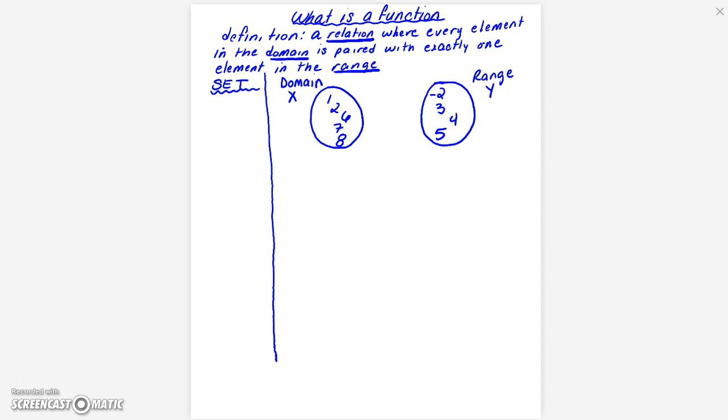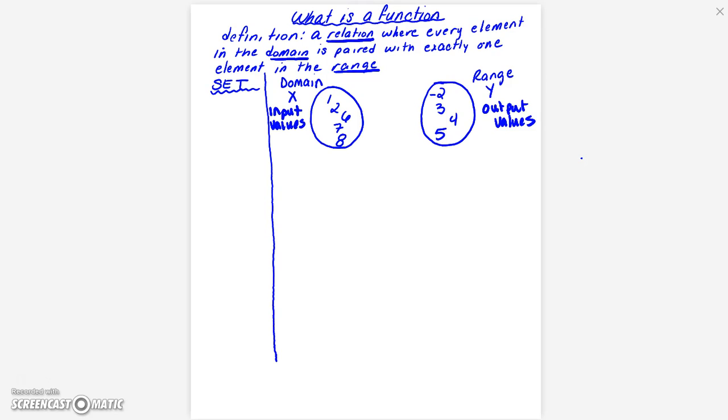A function is a type of relation or relationship between two variables, x and y. And you have the domain, which represents the x, and the range, which represents the y. And also the domain, the x values, are what we call the input values. And the y values are the output values.